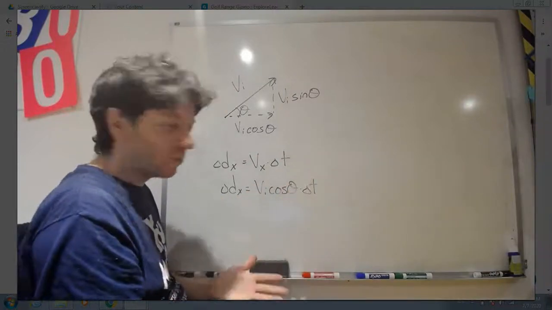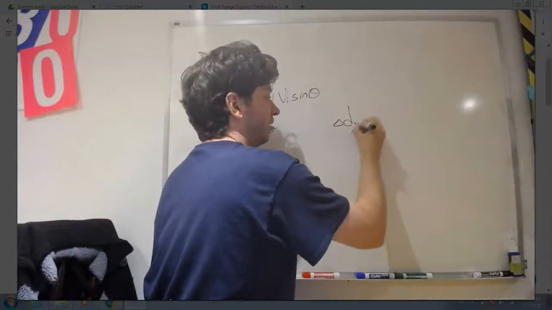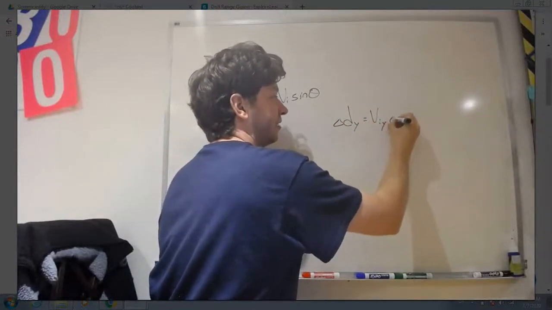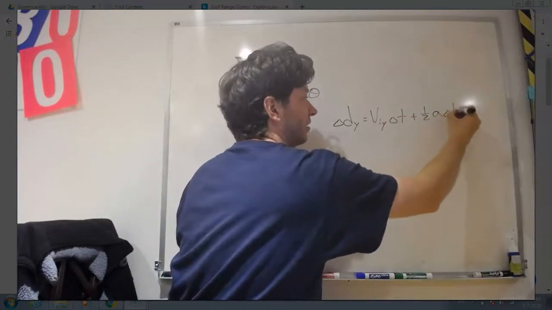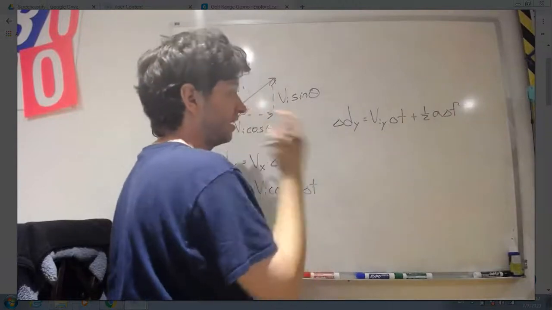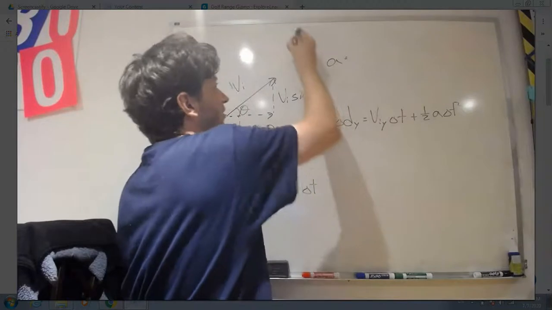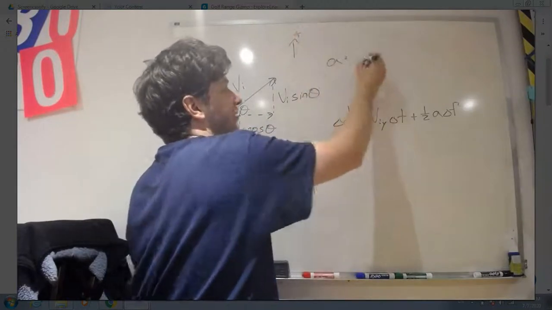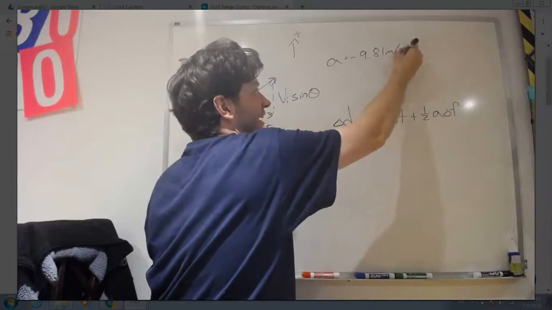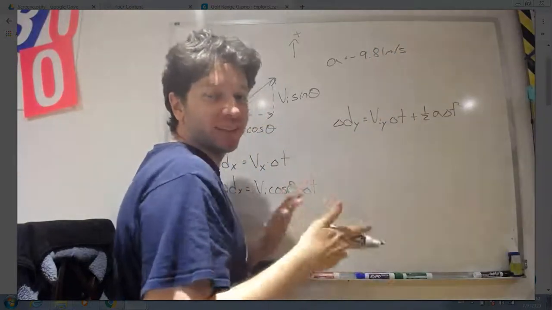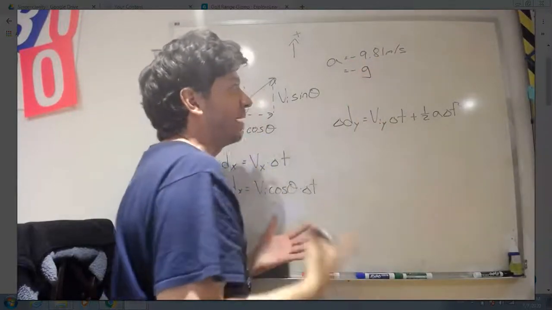So let's go into our y component. Now our y component looks like this. Delta dy equals VIy delta t plus 1/2 a delta t squared. Now what's a? Well, acceleration, right, is, I'm going to make up positive. So acceleration is actually minus 9.81 meters per second squared. But because I just want to play with letters, I'm just going to say it's equal to minus g, where g is our magnitude, 9.81.